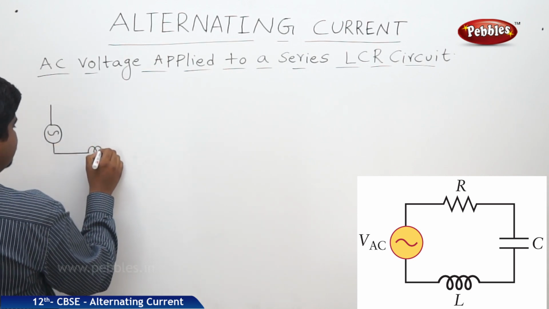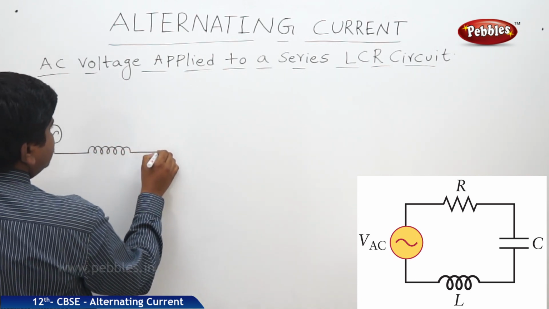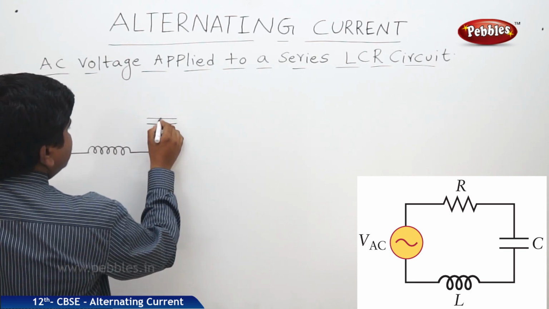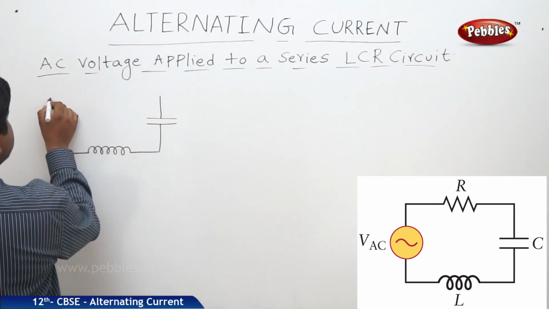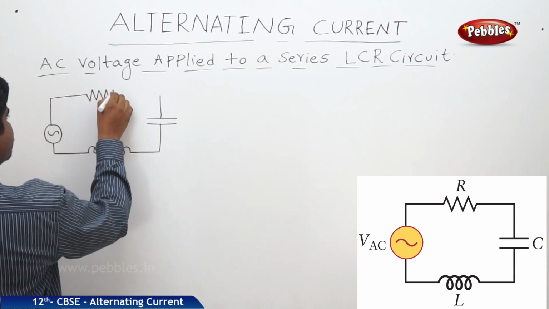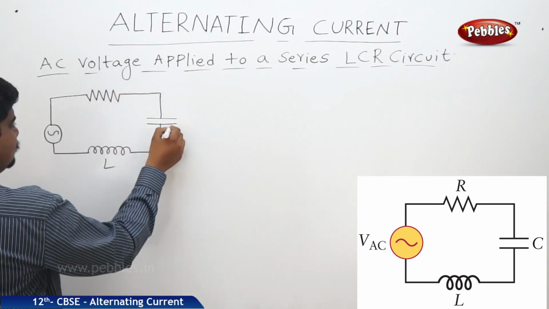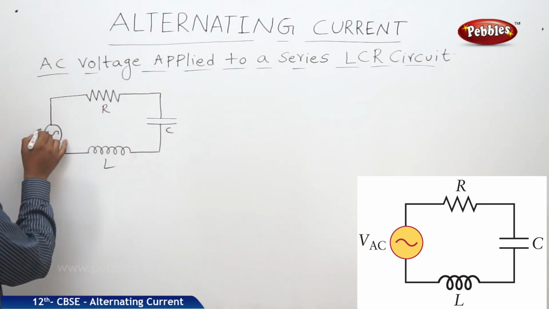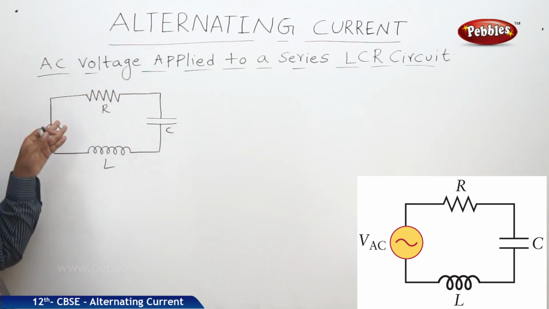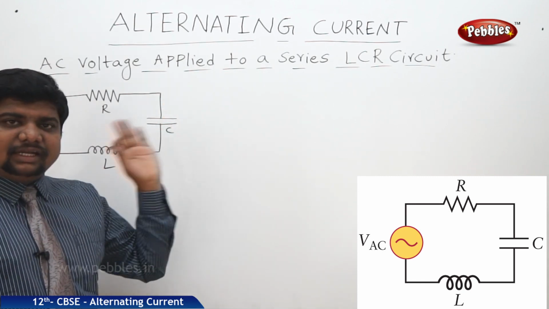Now an inductor, one capacitor, and next one resistor. L, C, R. These three are connected in series and closed with the AC power source. Now we are going to find out the analytical solution of it.